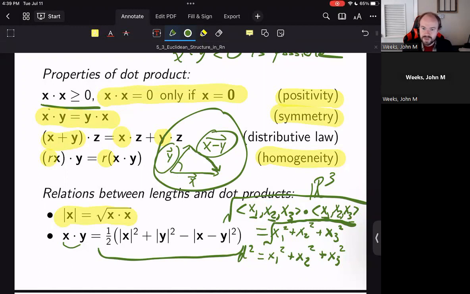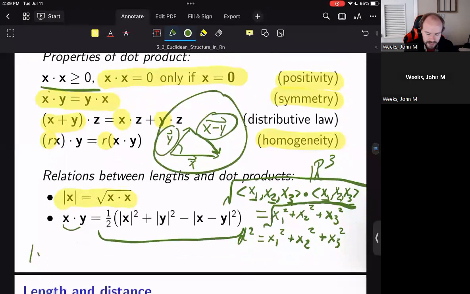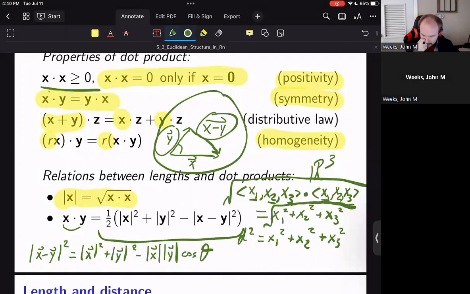Just as a quick refresher, the law of cosines here would tell us that the magnitude of x minus y squared equals the magnitude of x squared plus the magnitude of y squared minus the magnitude of x, the magnitude of y, and the cosine of the angle between them. All right, so something like this.